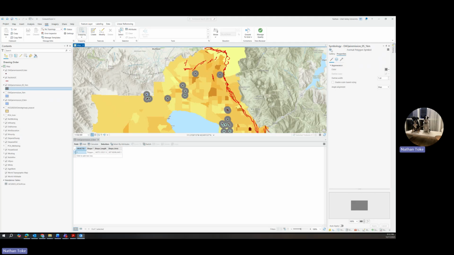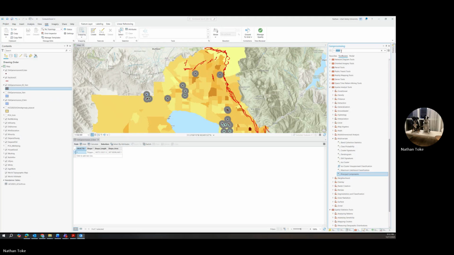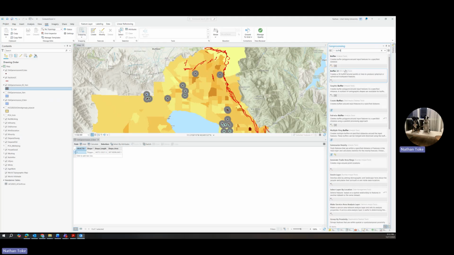And we can do the same thing if we go back to our buffer, pairwise buffer is what we really want, right?